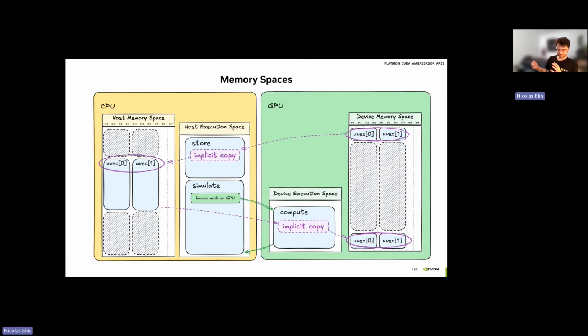And so if you're accessing data contiguously, this will go fine. But if you're accessing the array in a random manner, it will potentially trigger many different copies from the GPU to the CPU to copy all those different random locations from your vector from the GPU to the CPU.